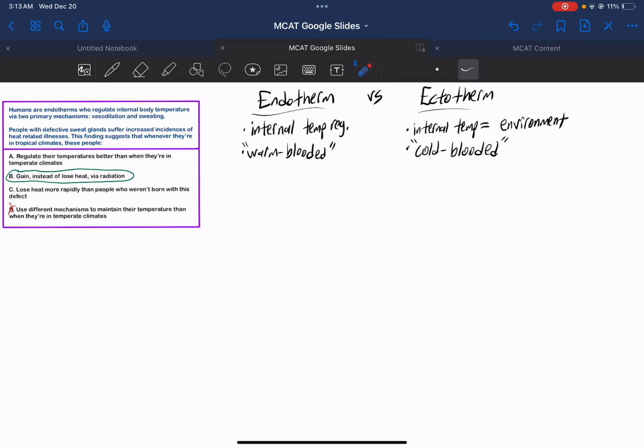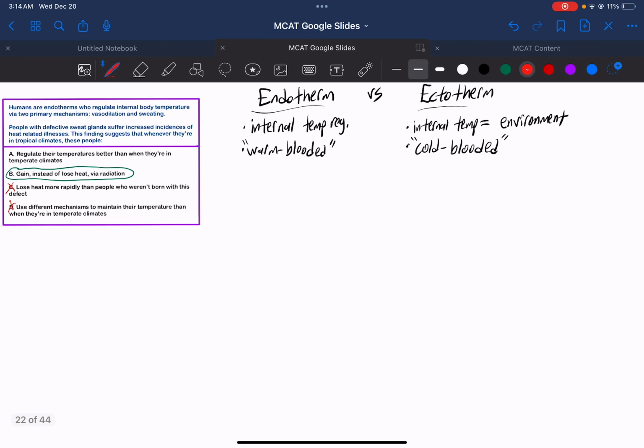We can get rid of C because it says they lose heat more rapidly than people who weren't born with this defect. If they actually lost heat more rapidly, then they wouldn't die of heat-related illnesses. This is the exact opposite. They're not losing heat rapidly enough. So that is incorrect. And A is incorrect as well.